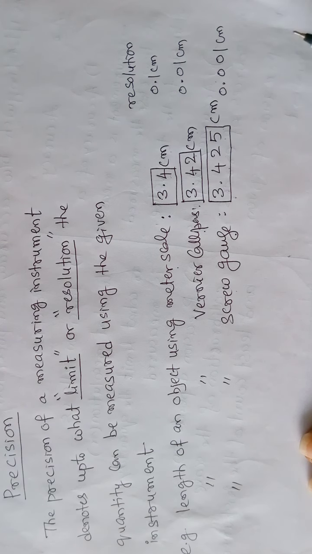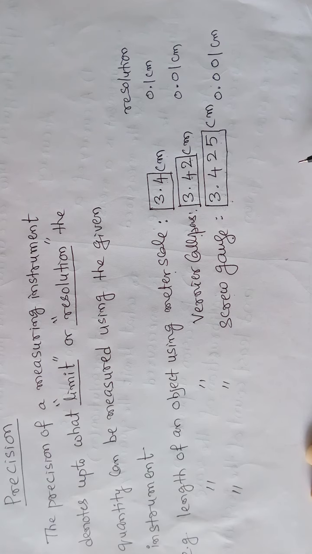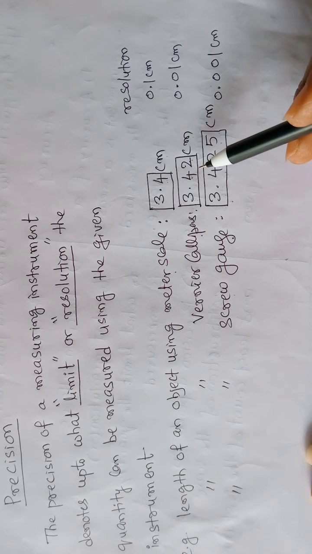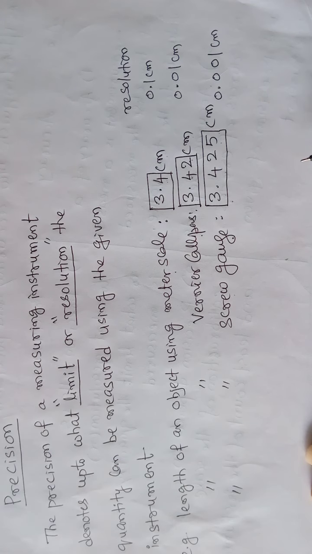But if you go for vernier calipers, it has two scales, main scale and vernier scale. Making use of the two scales, it can measure up to 0.01 centimeter. That's why you got the reading. You measure the same object using vernier calipers and you got the reading 3.42 centimeters. You got the reading up to 2 decimal places. So, up to 2 decimal places, this apparatus is able to measure, because its resolution, its least count is up to 2 decimal places.